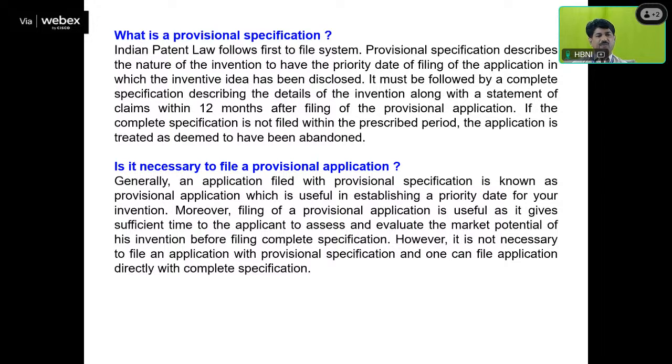So Indian patent law follows the first to file system. What is the first to file system? In the first to file system, a patent for an invention is granted to the person, group of persons or entity who files a patent application first, regardless of who actually invented it first.